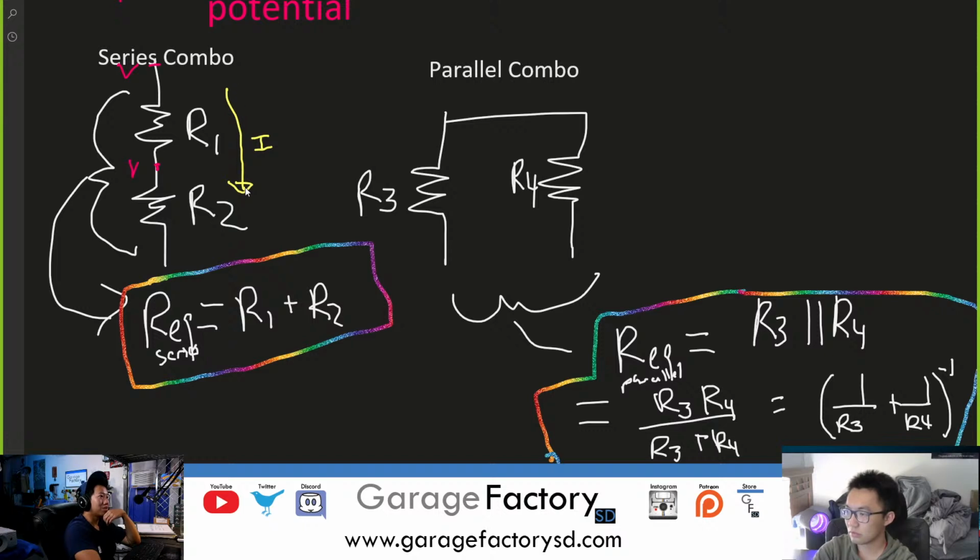Current is equal on both R1 and R2, but the voltage is different because, as we remember, the voltage equation is I times R. At this point, it's going to equal I times R2. So that's the voltage at this point. Let's denote it as V2. This is V1.